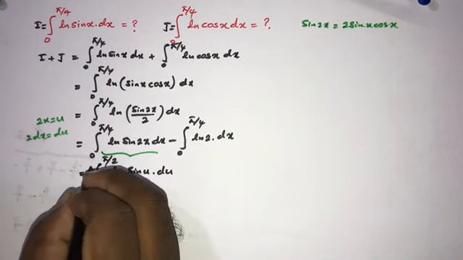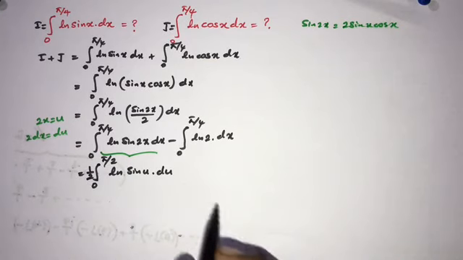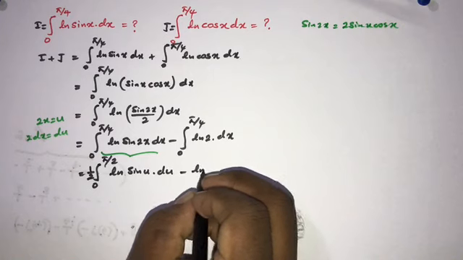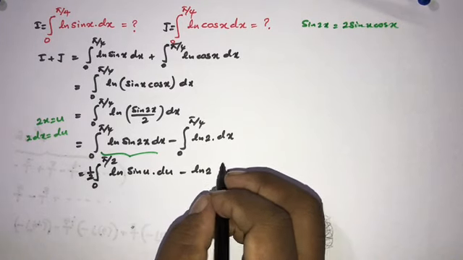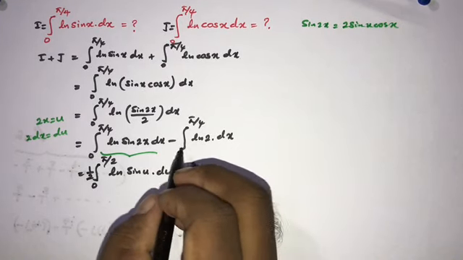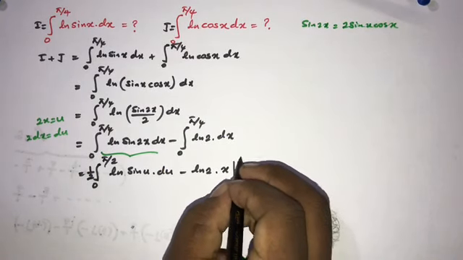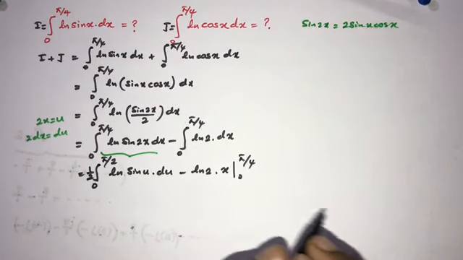So 1 over 2 is a constant, so we can write it outside of the integral sign, and natural log of 2 is also a constant, so we can write it outside of the integral sign, and here we have the integral from 0 to pi over 4 of dx. We know the x limit is 0 to pi over 4.